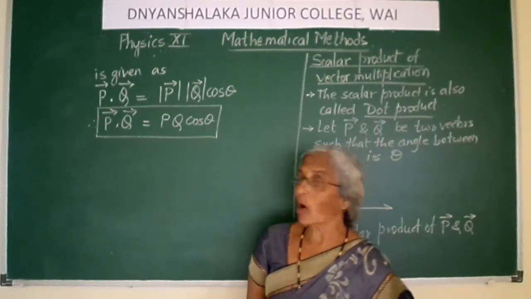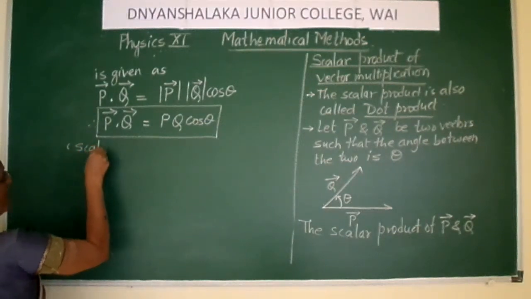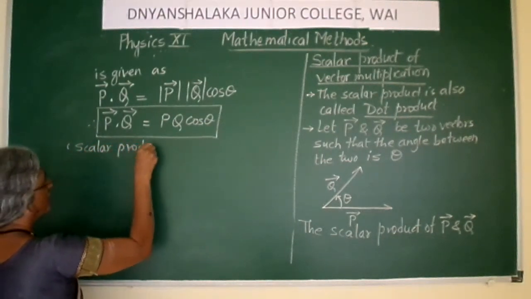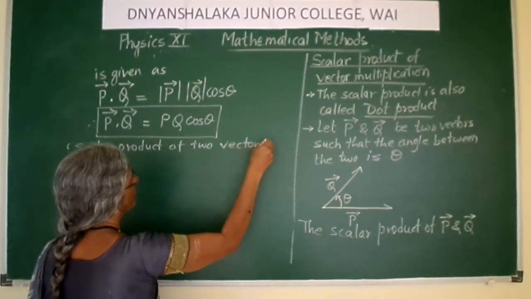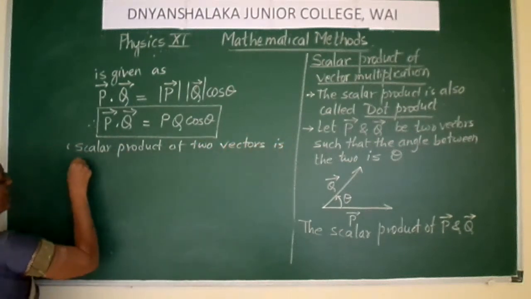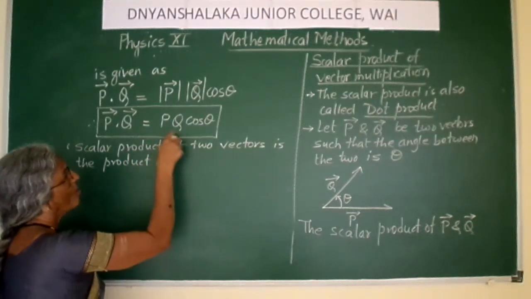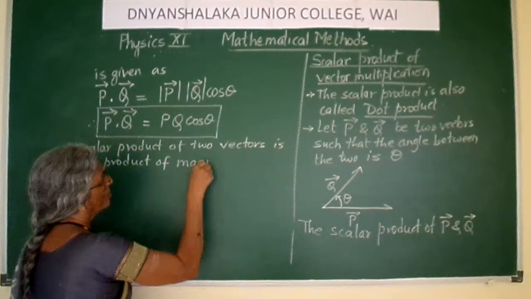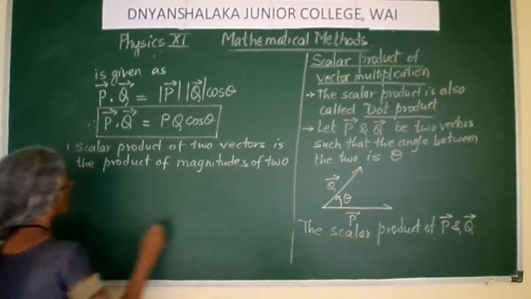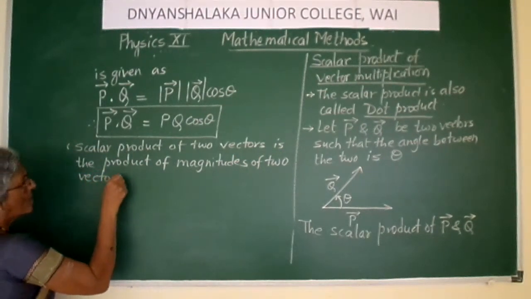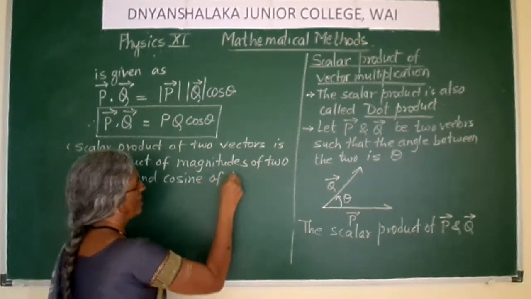Are you getting it? So how will I define the scalar product? I will define the scalar product as the product of magnitudes of the two vectors and cosine of the angle between them.